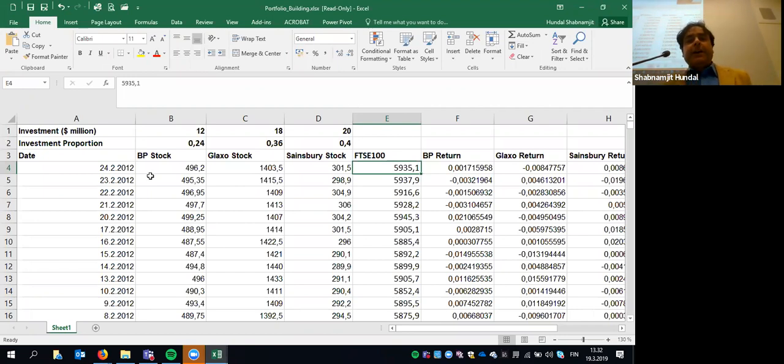One thing you must learn as a student of finance, that you should not do anything with the prices or the values. This is the index value, and these are the stock prices of these 3 companies, daily stock prices. It's not 496.20 pounds.